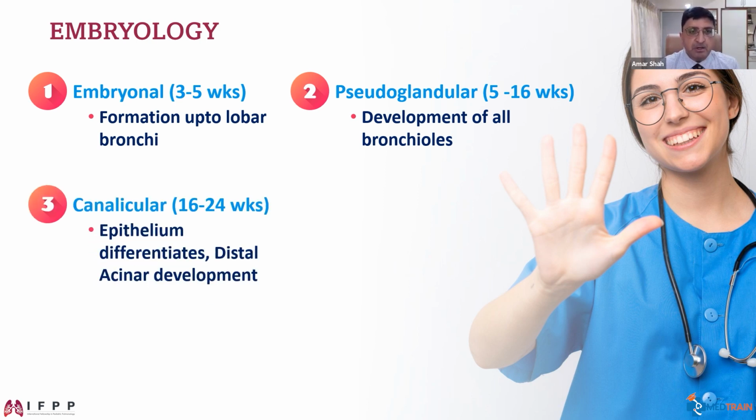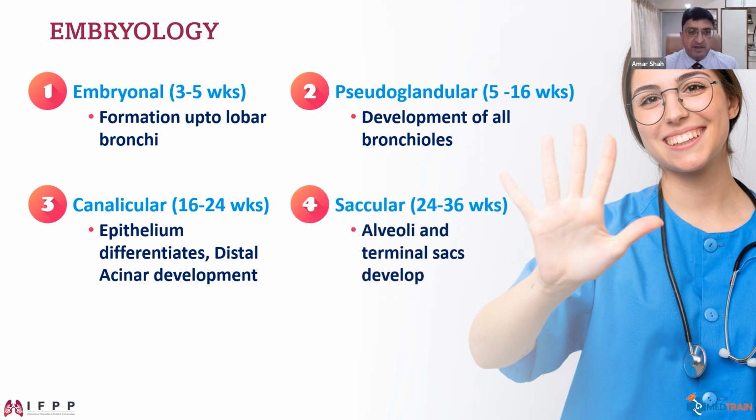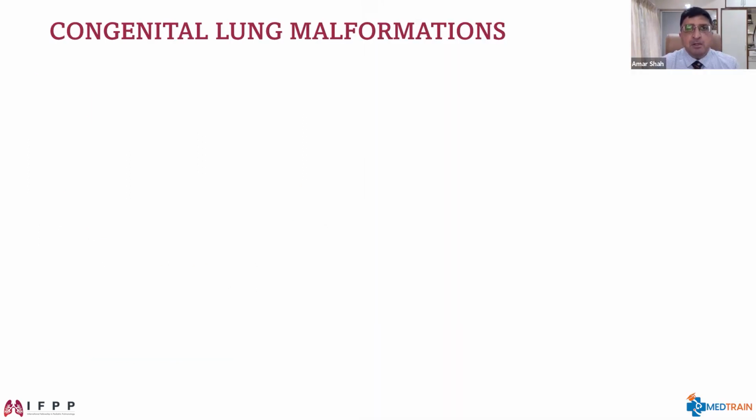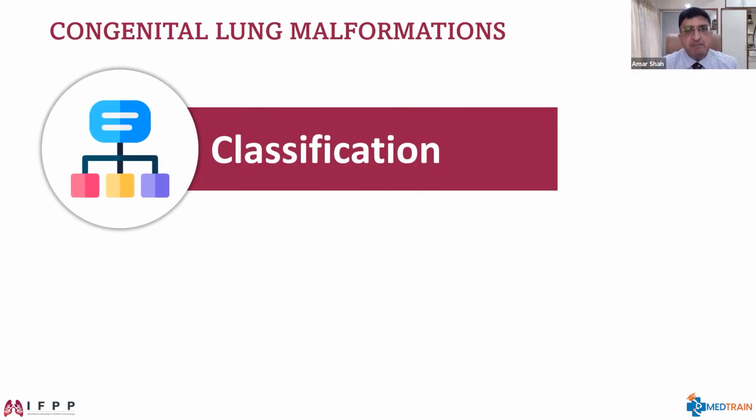Then comes the canalicular phase, between 16 and 24 weeks, where the epithelium differentiates and distal acinar development takes place. The next is the saccular phase, between 24 and 36 weeks, where the alveoli and the terminal sacs develop. The final phase is the alveolar phase, after 36 weeks, which is predominantly a phase of maturation.